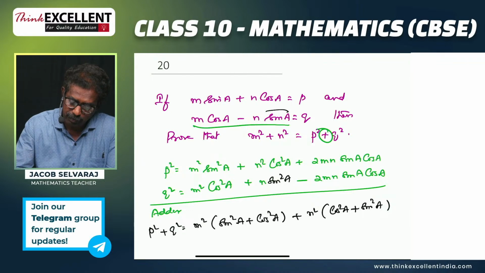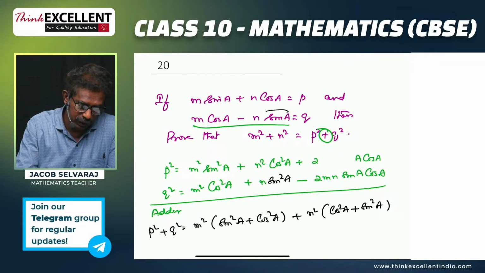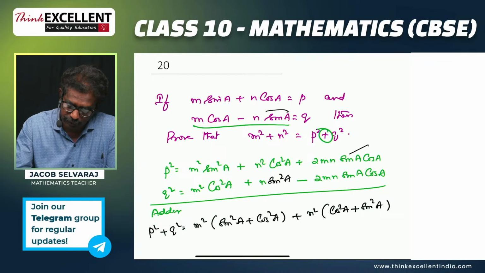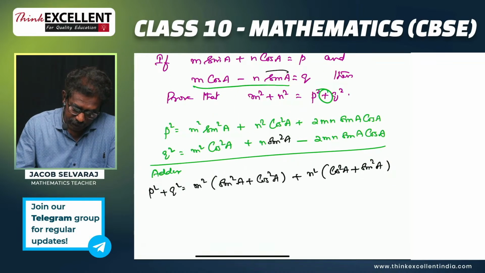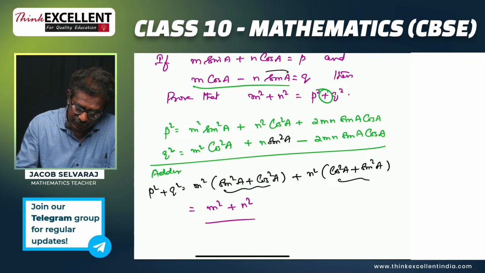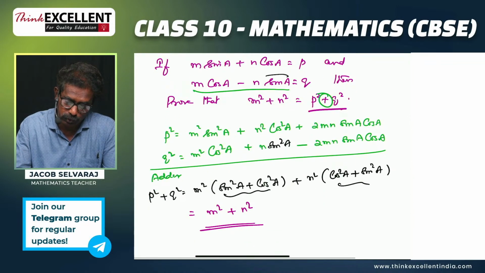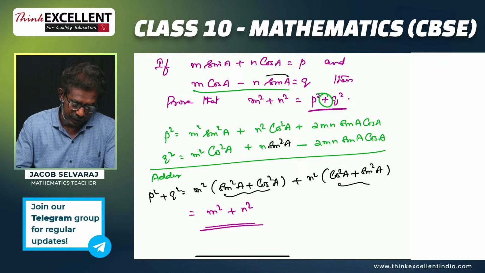And the last term, 2mn sin a cos a, one is positive, one is negative, so both the terms get cancelled, so no need to write that. Now sin square a plus cos square a is 1, so m square into 1 is m square, plus n square into 1 is n square. So this is the right answer: p square plus q square is equal to m square plus n square.